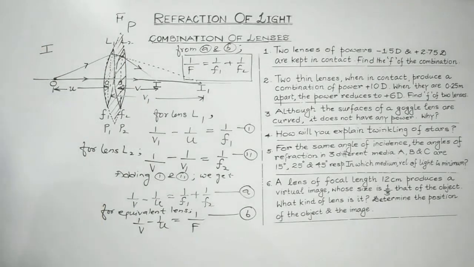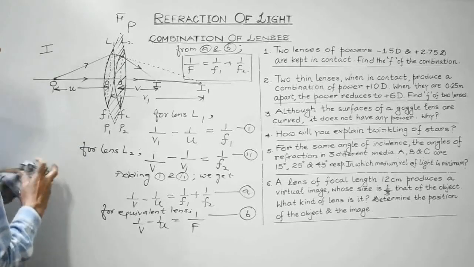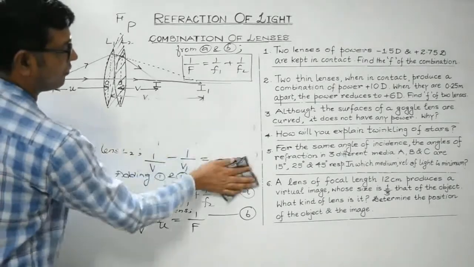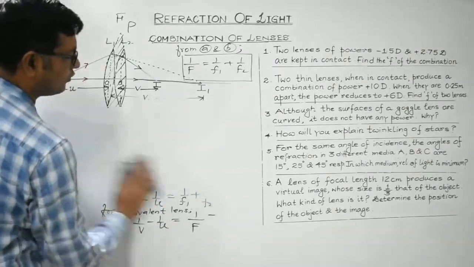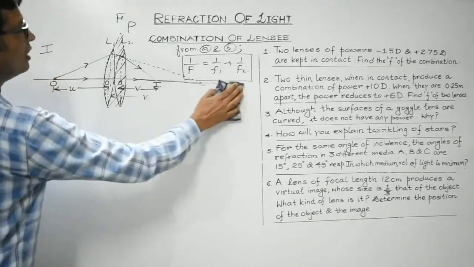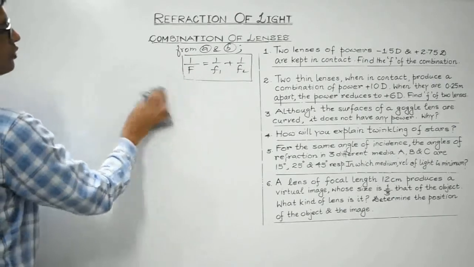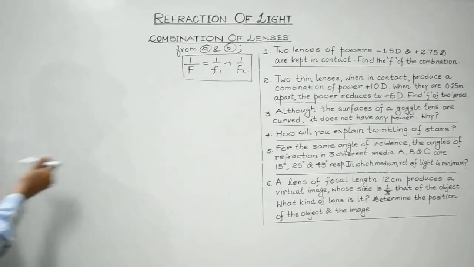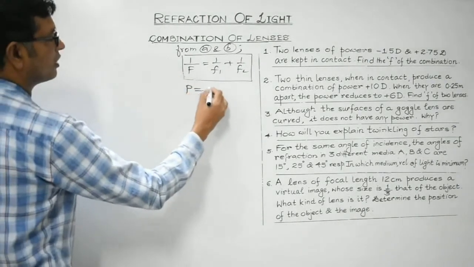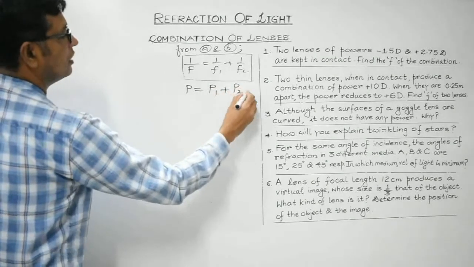Right? So, we can represent the power of the equivalent lens as well. For that, the reciprocal of focal length in meters will give us the power of the lens in diopter. So the resultant power of the combination will be given by P1 plus P2.